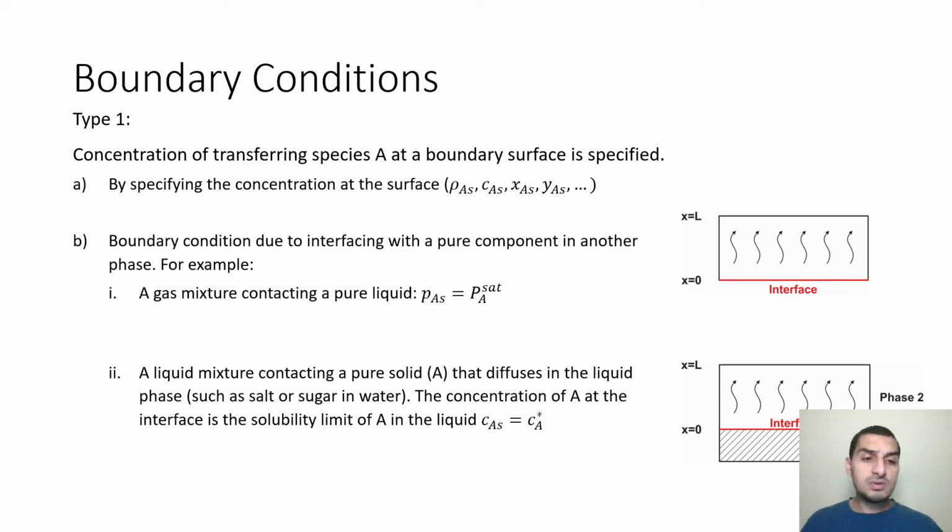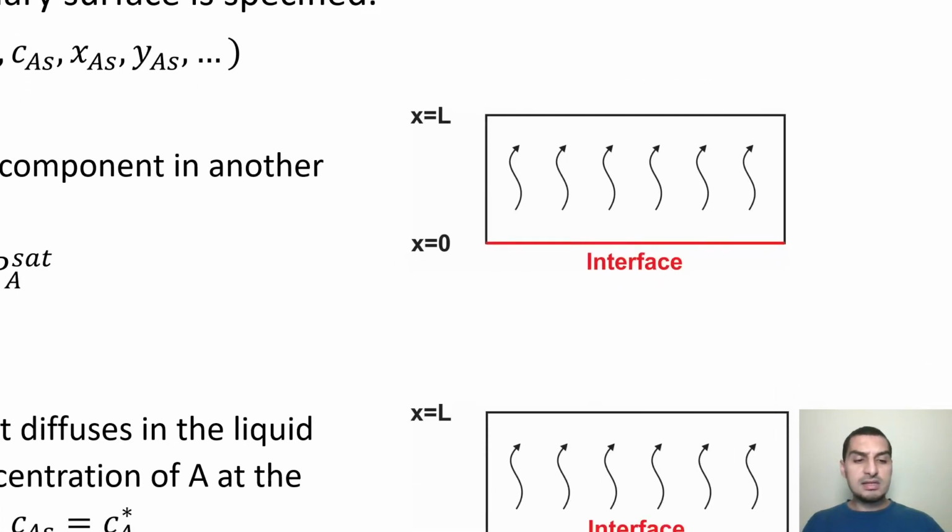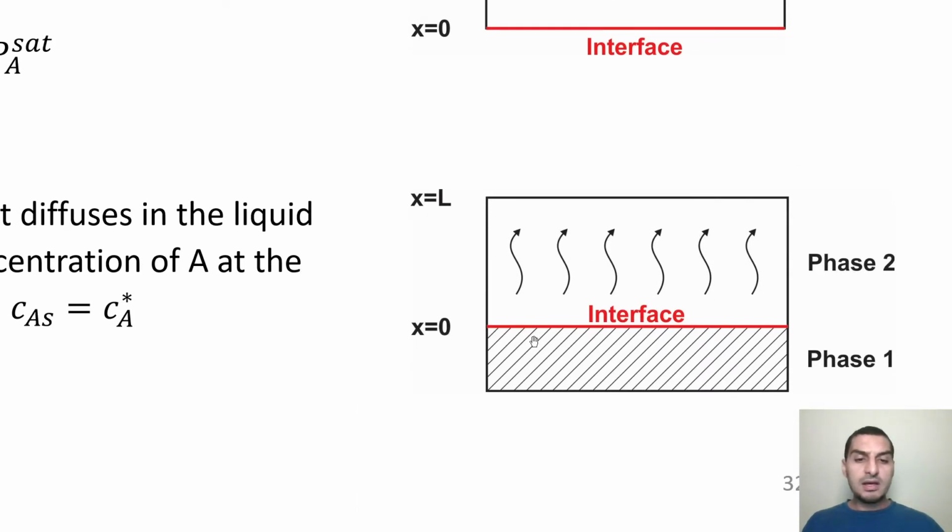In other cases we don't have this information, but we know some information about the system itself, and from our understanding of the system we can tell the boundary conditions. For example, let's say this is a cup of water and there is air touching the surface of the water.